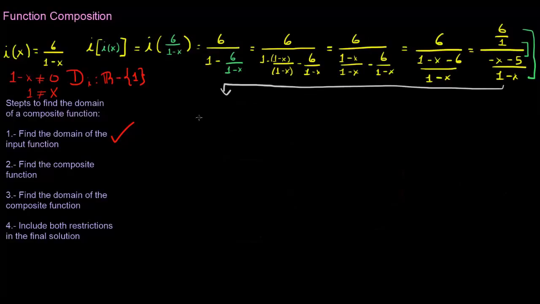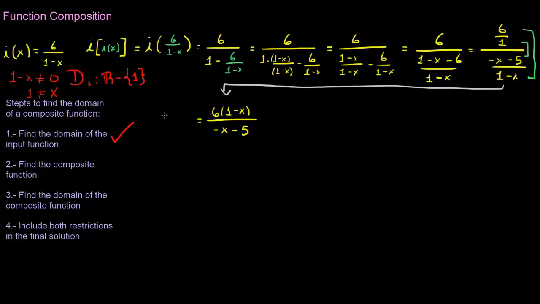So I will get to this expression: 6 times 1 minus x, all over negative x minus 5. Now you can perhaps simplify this a bit, or rather just write it in a more proper way. I'm just going to leave it like this because I think it's good enough for the purpose of explaining the point.